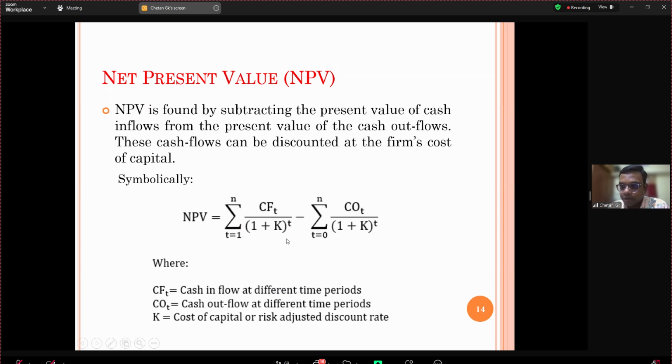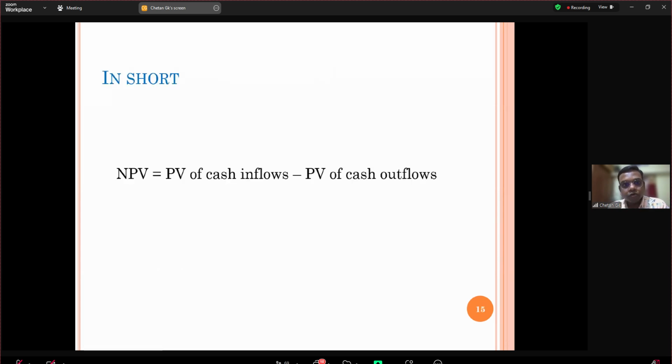Is it clear, everybody? If this particular equation is bothering you, if you have still not understood, nothing to worry. You can just have a simple thing. I think Abhishek sir has actually given this equation. He has written it somewhere in the chat box, right? So present value of cash inflows minus present value of cash outflows. If you do these two, the resultant figure is your NPV. Is it fine? What is NPV? NPV is present value of cash inflows minus present value of the cash outflows.